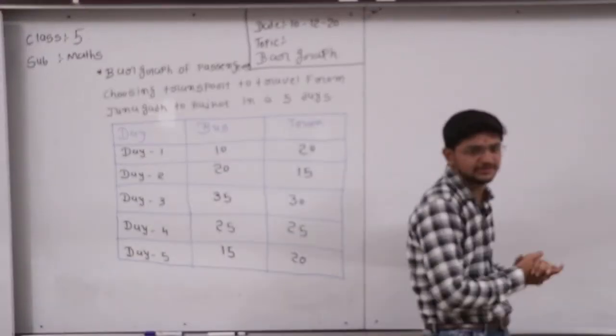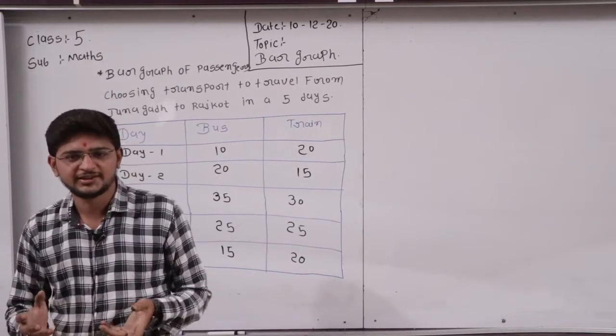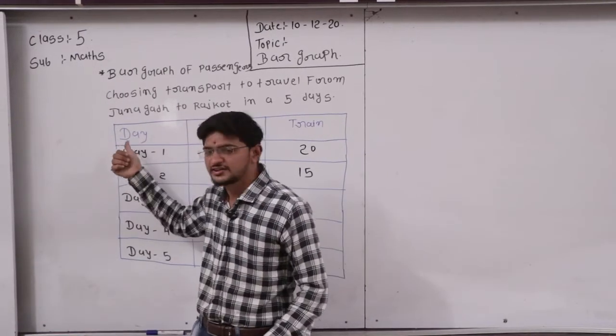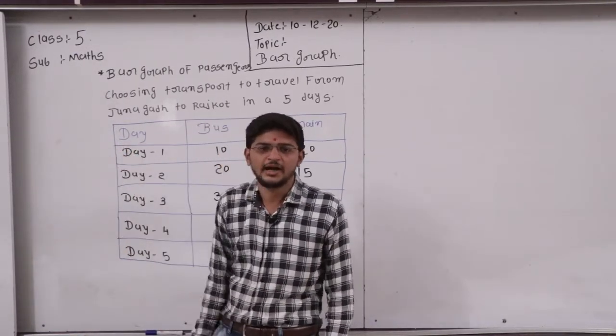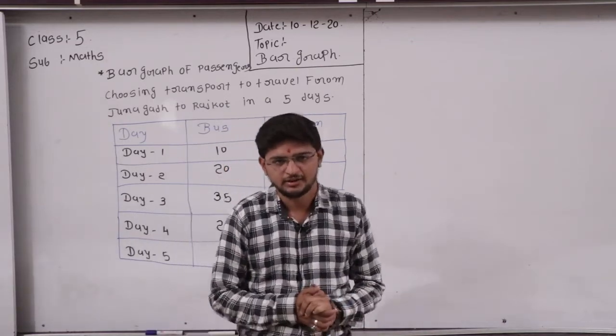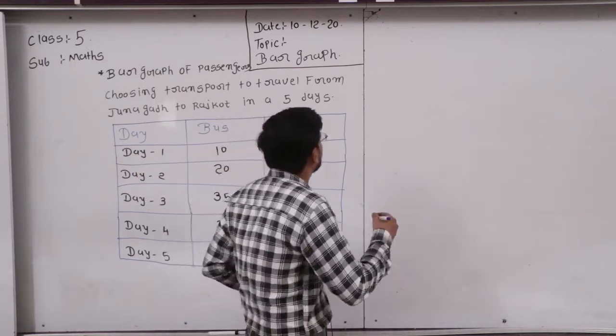On the x-axis we take day 1 to 5, and on the y-axis we take the number of passengers, right? So we draw here our bar graph.